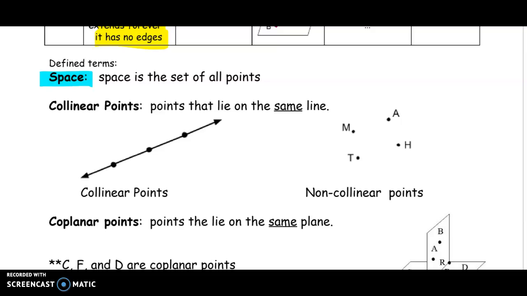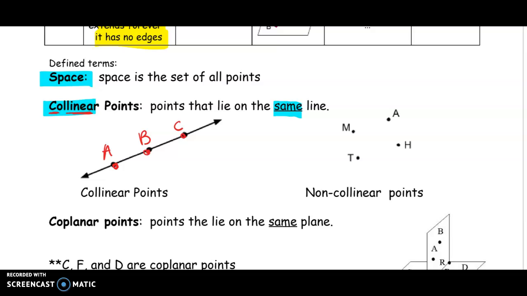To be collinear, if you break that word apart, co means with, the linear means line, so with a line. The points that are on the same exact line are what we call collinear points. So this point, and this point are all on the same line, so points A, B, and C are said to be collinear.